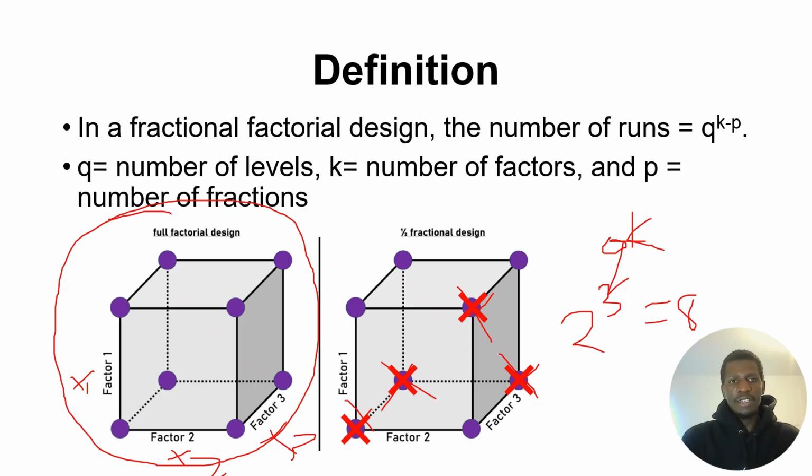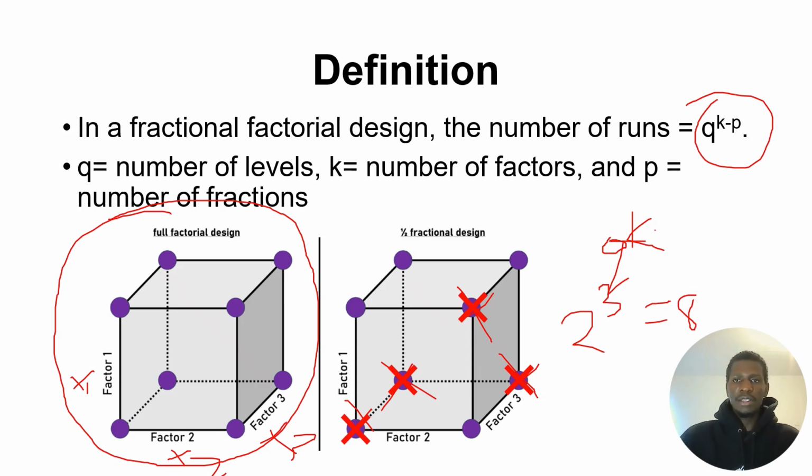So, what exactly is a fractional factorial design? A fractional factorial design is defined as q raised to the power k minus p. Here, as we know, q is the number of levels, k the number of factors, and p is the number of fractions or the degree of fractionation.